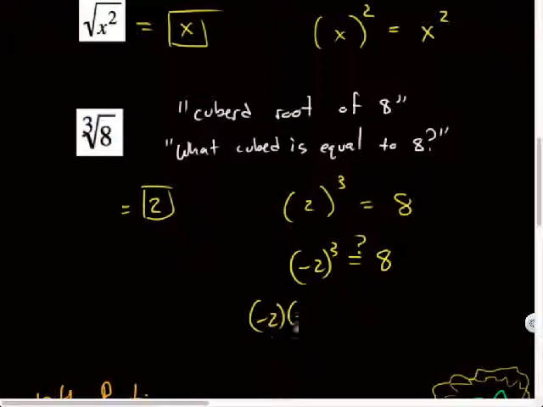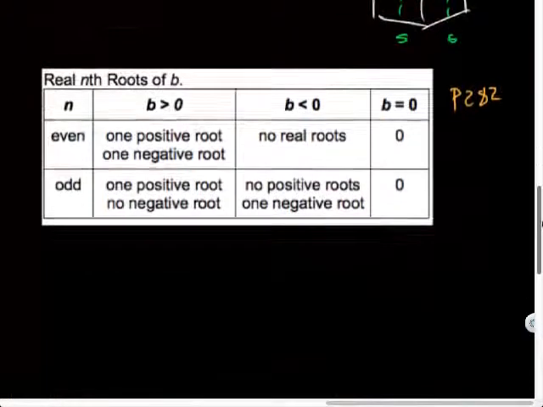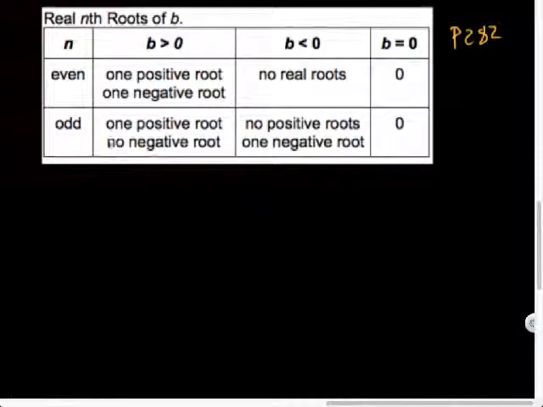That'd be negative 2 times negative 2 times negative 2, and 2 of those minus signs would pair up for positives, but then I'd get negative 8. So it turns out for odd indices, I think is how I'd pluralize that, there is no negative root. And that's what this table here is claiming.